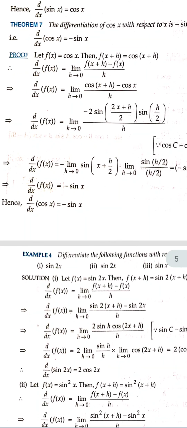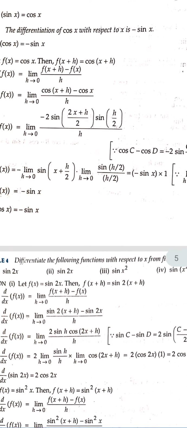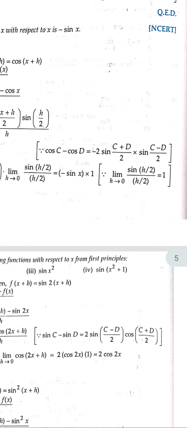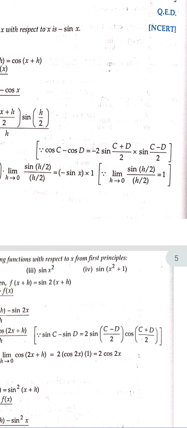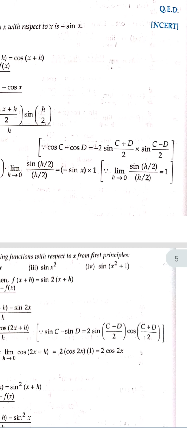Consider the function f(x) is equal to cos x. Then f(x plus h) is equal to cos (x plus h). Let us put the values in the function. We get limit h tends to 0 cos (x plus h) minus cos x upon h. Now we are using the formula cos c minus cos d is equal to minus 2 sin ((c plus d) upon 2) into sin ((c minus d) upon 2).